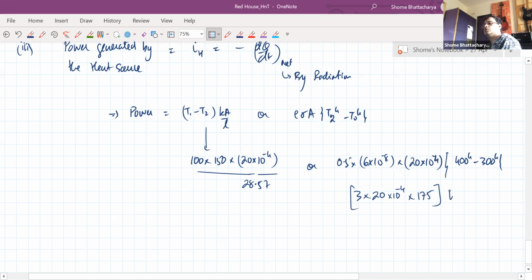This much in watts. If I go with this, it is 3 into 10 divided by... So let's see, these two should give us the same answer. By 7.